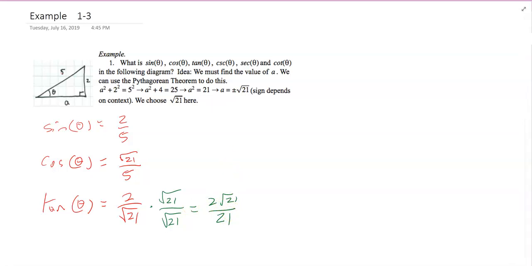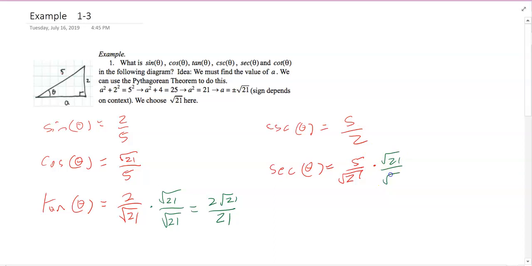Now let us look at the reciprocal identities. For sine, it's cosecant, so cosecant theta will be 1 over sine theta, which is 1 over 2 over 5, which is 5 over 2. Secant theta is the reciprocal of cosine. It's going to be 5 over radical 21. And if you rationalize that, multiplying by radical 21 over radical 21, we get 5 radical 21 over 21.